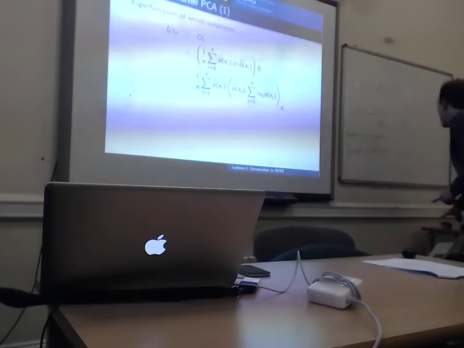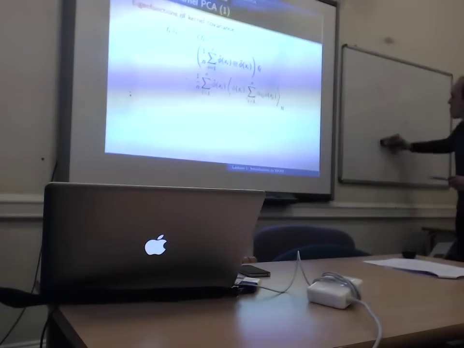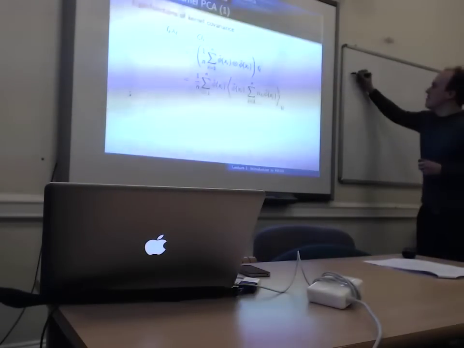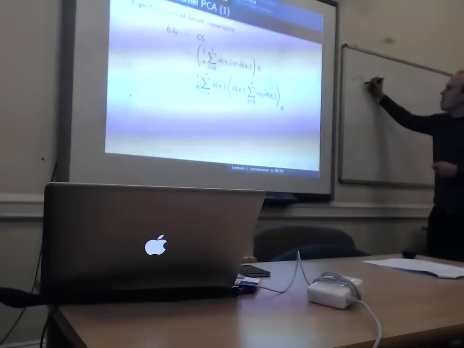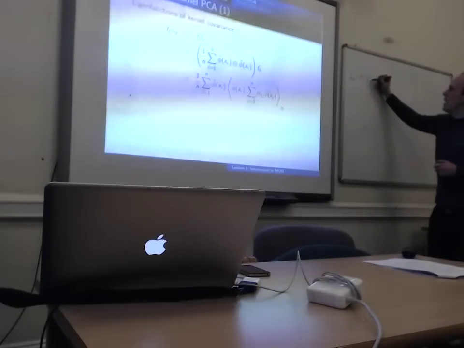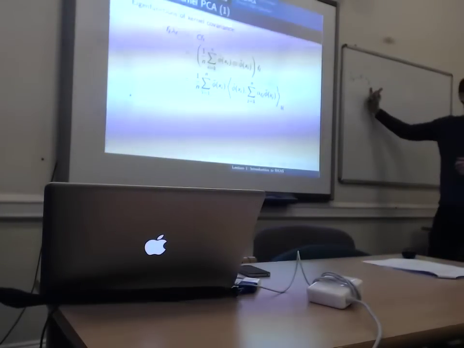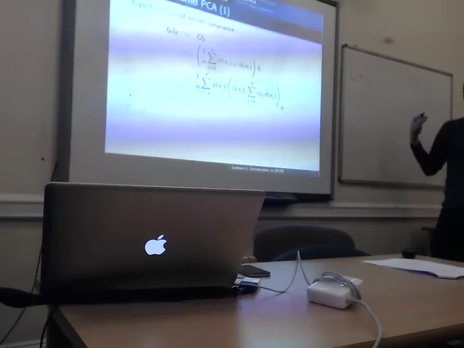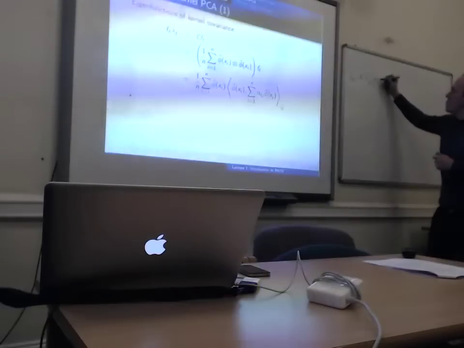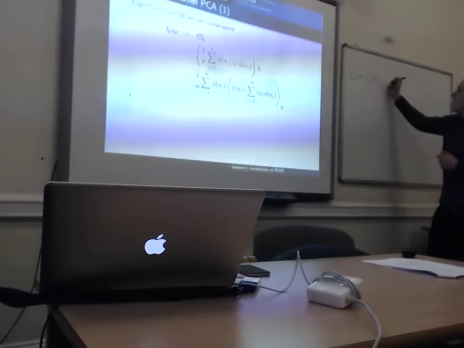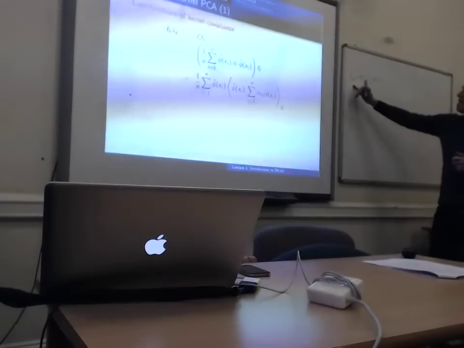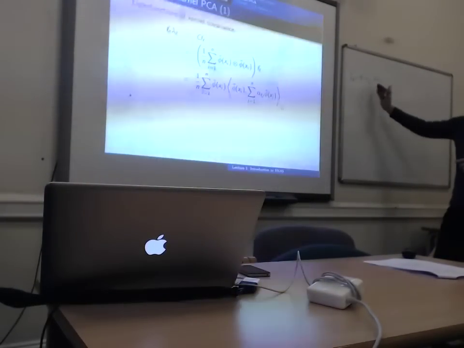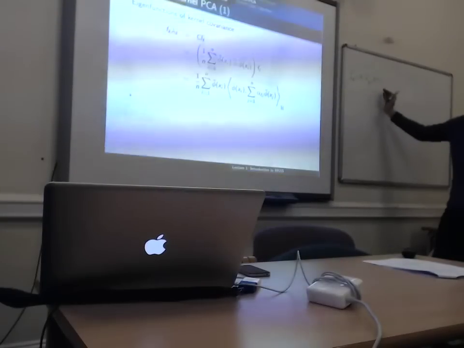So at this point I'm going to start writing stuff. So remember that I've written f_l as the sum over i of alpha_li, so l is the principal component, i is the index of the sample point that I've used to define my covariance, times phi of xi, okay? So I've said that my f, my principal component, has to be in the span of the linear combination of the points that I used to define my covariance, okay?